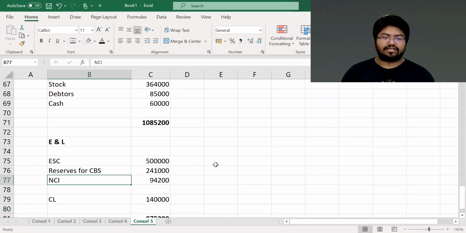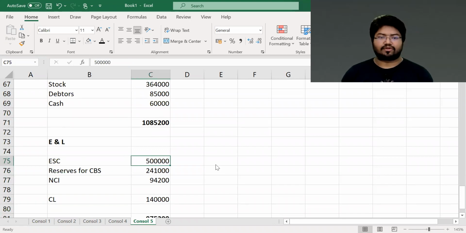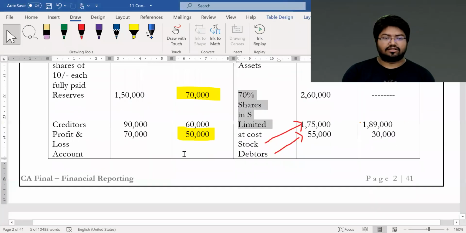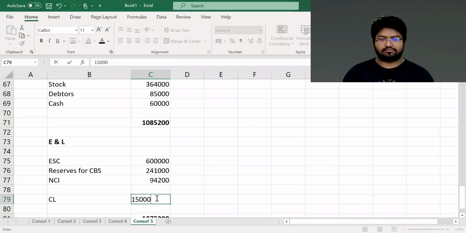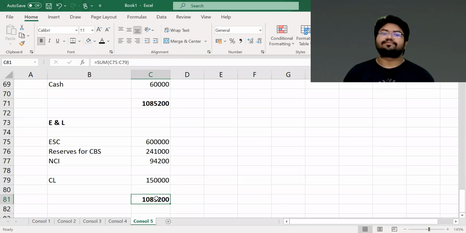Equity and liabilities: equity share capital, only parent company, only parent to be taken. It is 6 lakhs here. Reserves for CBS is 2,41,000. Non-controlling interest is 94,200. And then you only have creditors, which is 1,50,000. Total of all those.